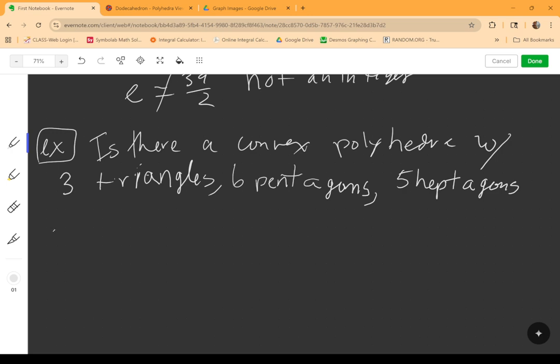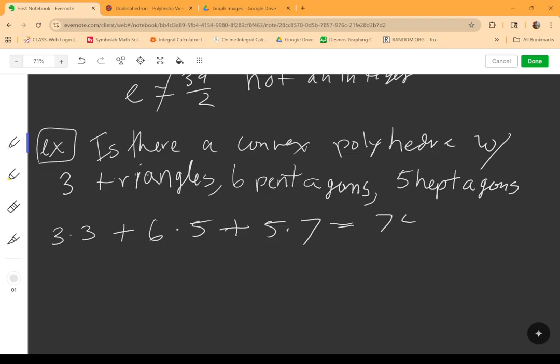All right, so 3 triangles, 3 times 3, plus 6 times 5 for pentagons, plus 5 times 7 for heptagons, being 7-sided. So doing this, we get 74.